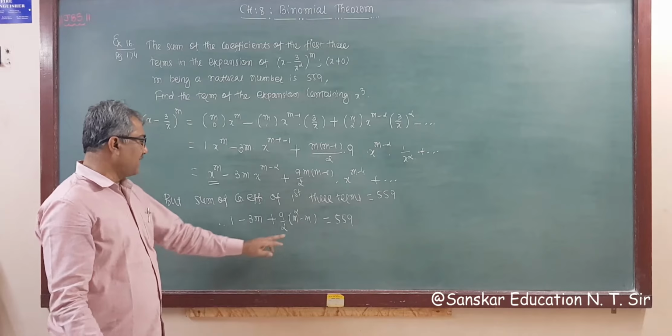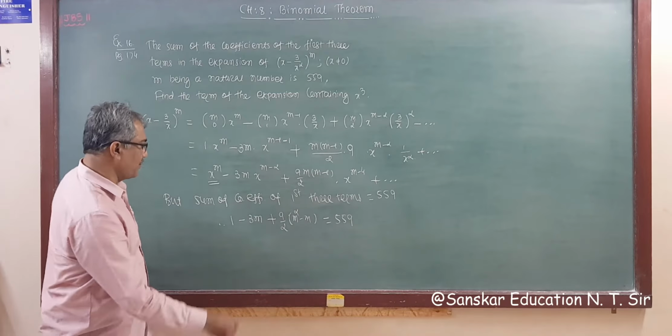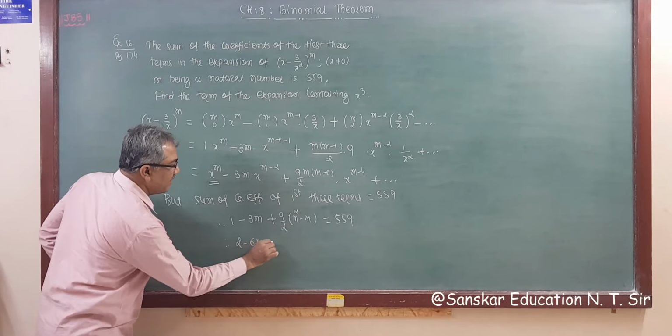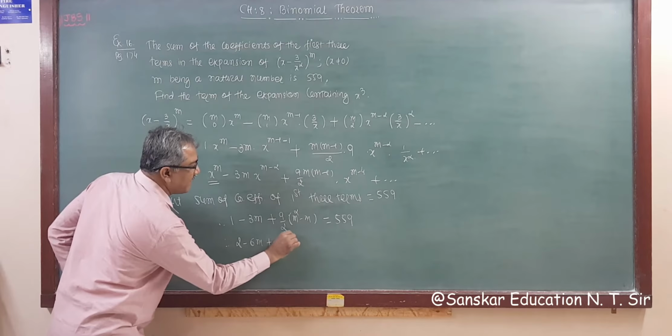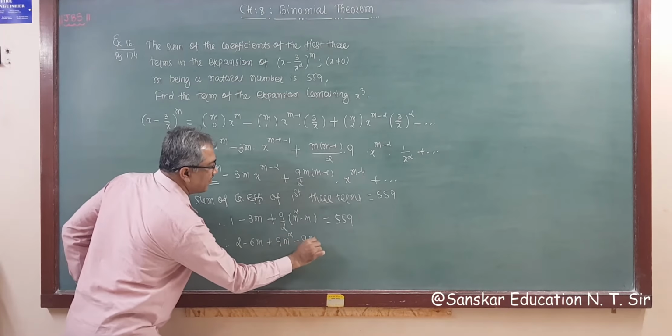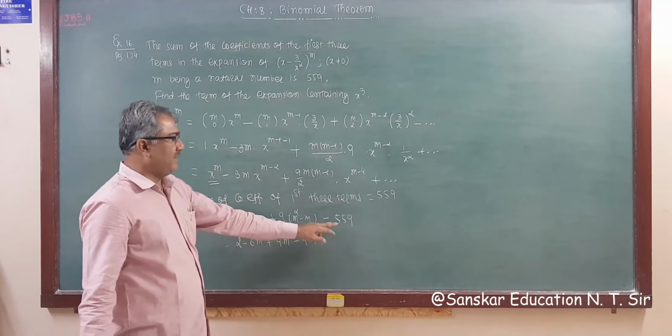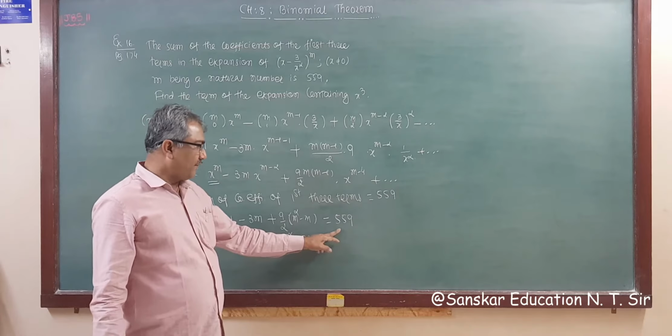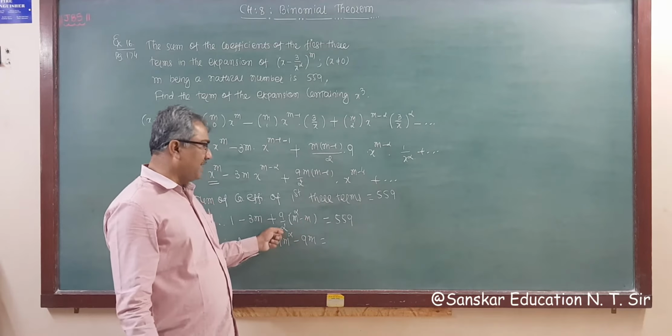Now multiplying this, taking 2 as the LCM: 2 minus 6m plus 9m squared minus 9m is equal to 559 multiplied by 2.